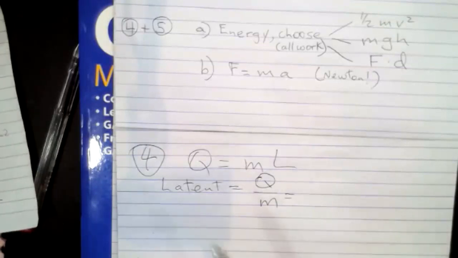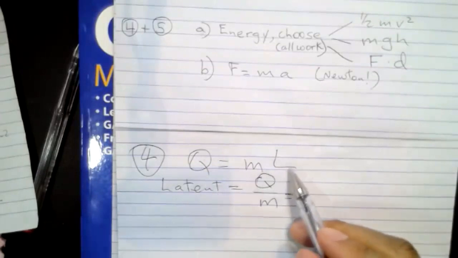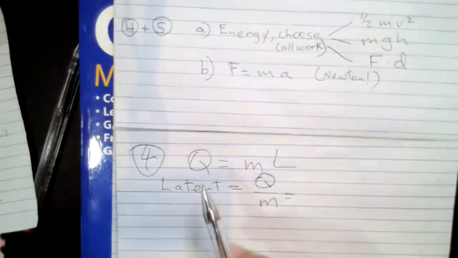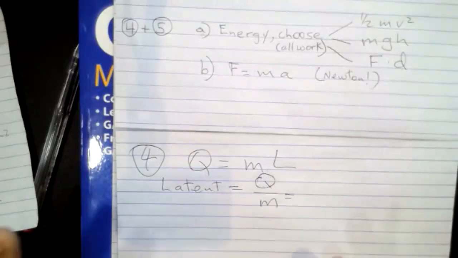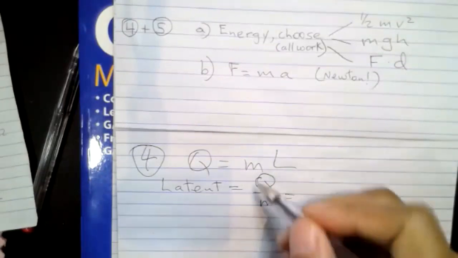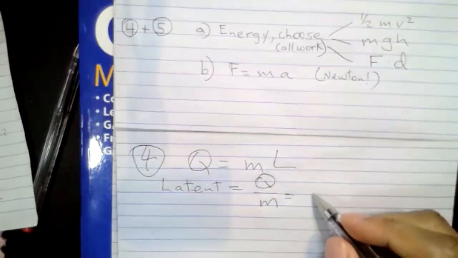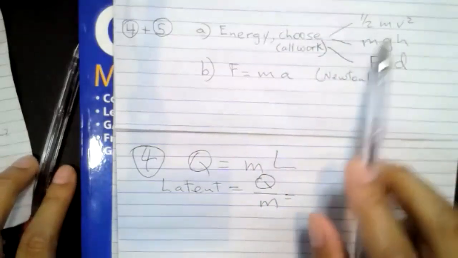Now here, you just need to understand that Q is energy, and then we have M times L. And then we have to keep track of these things as we're doing our dimensional analysis. So here we have Q, that's energy. And all of these different ways are ways to represent energy.